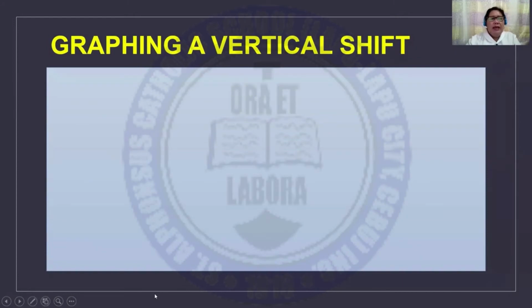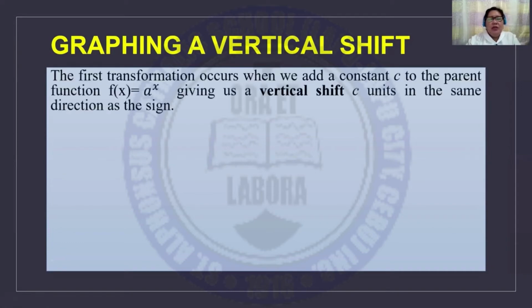Next, let us have the graphing of exponential functions with a vertical shift. The first transformation occurs when we add a constant c to the parent function f of x is equal to a raised to x, giving us a vertical shift c units in the same direction as the sign.